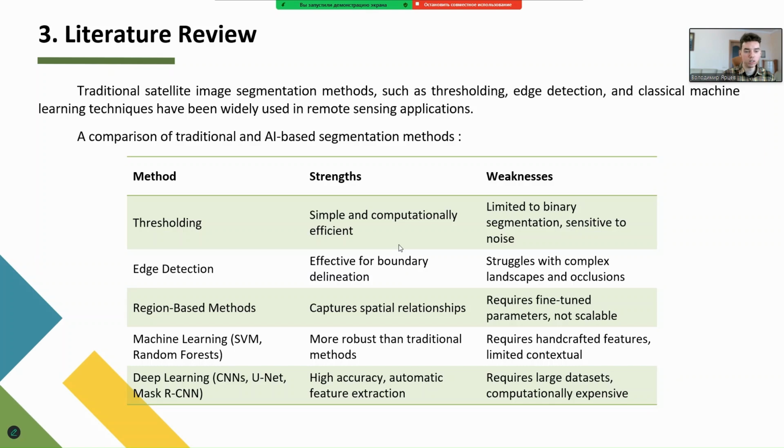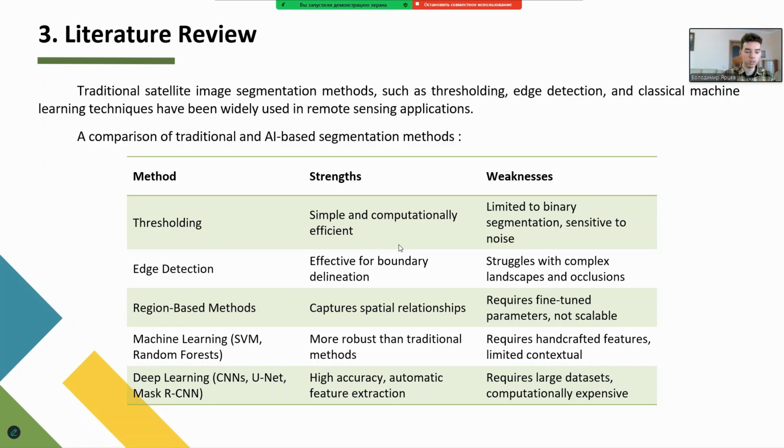Edge detection is effective for boundary delineation, but struggles with complex landscapes and occlusions. Region-based methods capture spatial relationships, but require fine-tuned parameters and are not scalable. Machine learning is more robust than traditional methods, but requires handcrafted features and has limited contextual understanding.